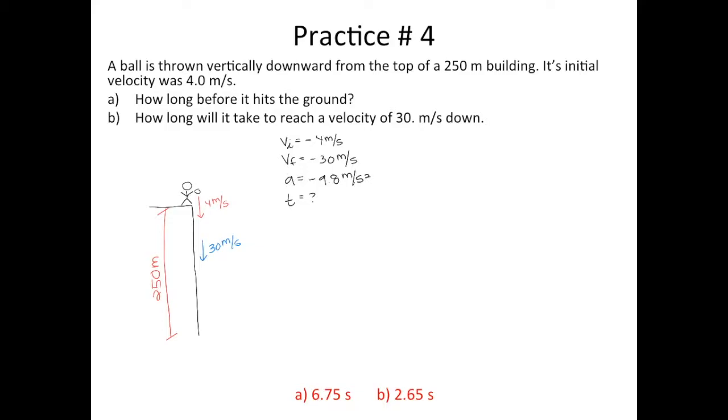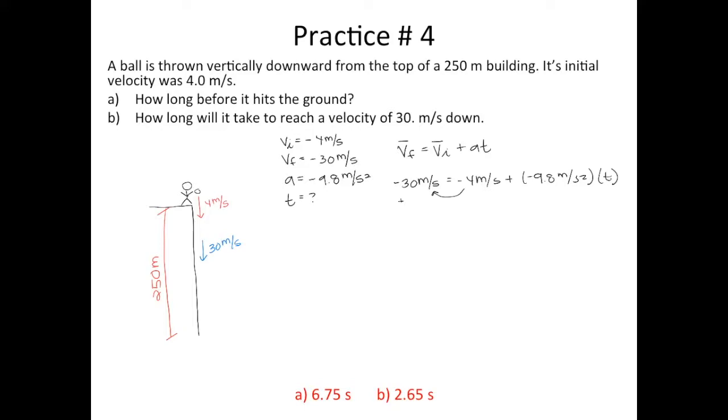So for this one, the equation is going to be V final equals V initial plus A times T. V final is negative 30 meters per second. V initial, negative 4 meters per second plus negative 9.8 meters per second squared times T. So, first thing I'm going to do is add this 4 over.